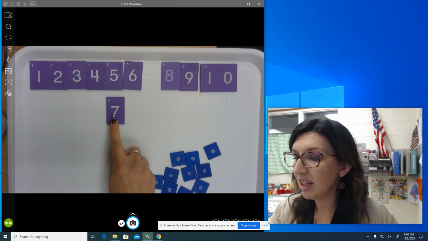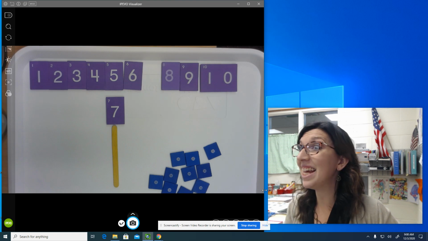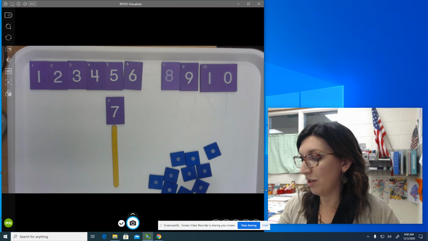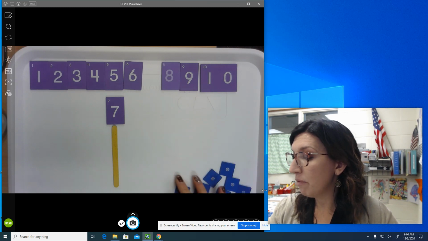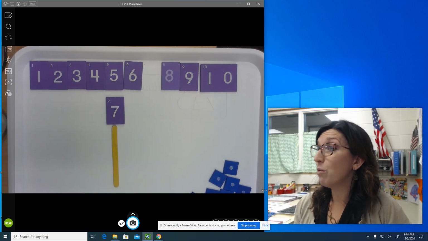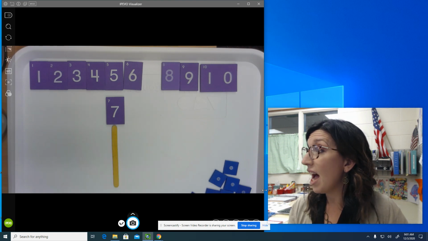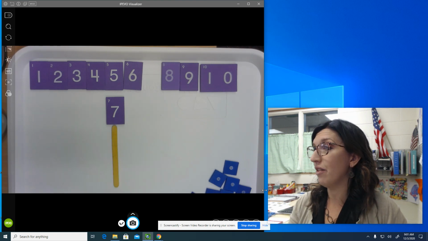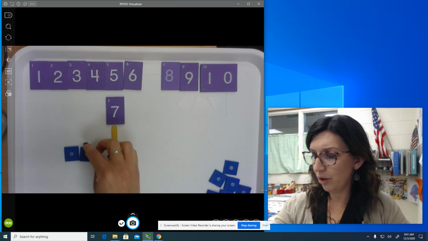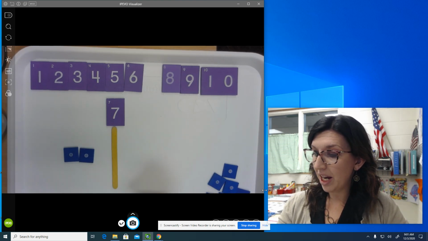Okay, this is the number 7. Here's the easiest way for me to build my partners. Check this out. I'm going to take some of my chips or some of my counters or whatever you have at home that you're using, and we're going to put them on both sides, but we're only going to have 7 altogether. So count with me. Here we go. 1, 2, 3.